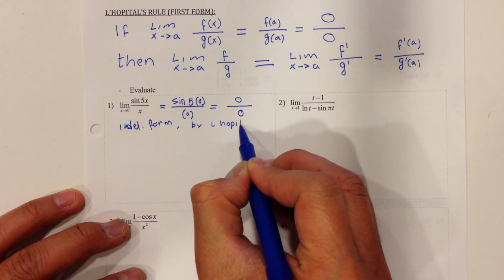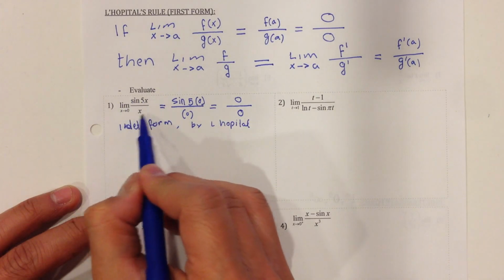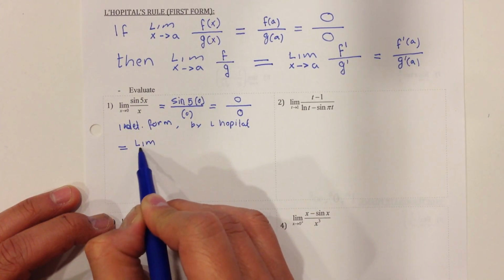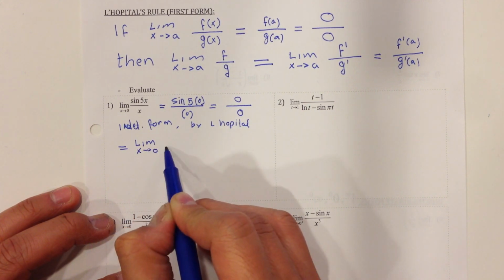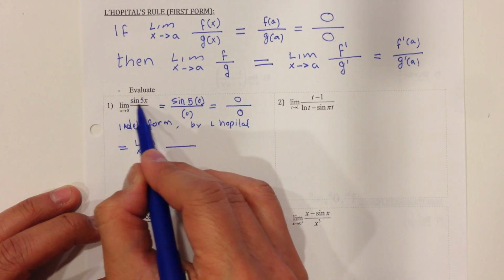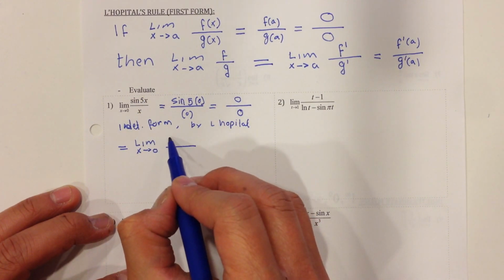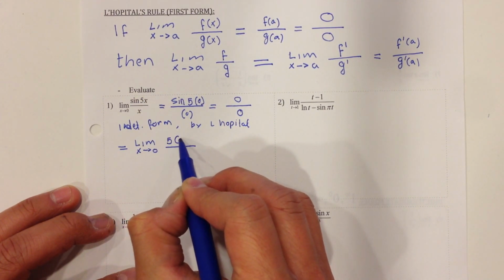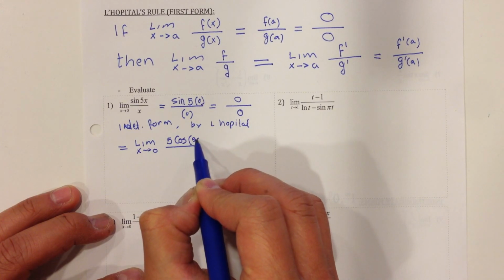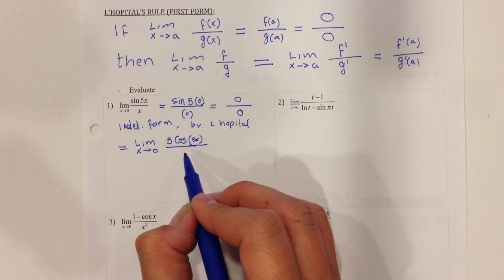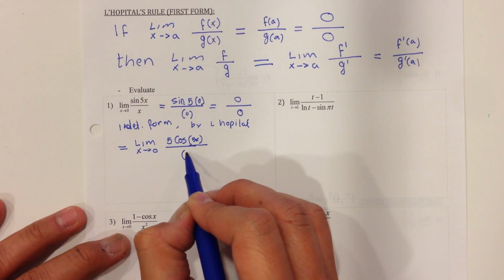By L'Hopital, I know that this limit is equal to the limit of the derivative of the numerator, which is going to be 5 cosine of 5x, over the derivative of the denominator, which is 1.